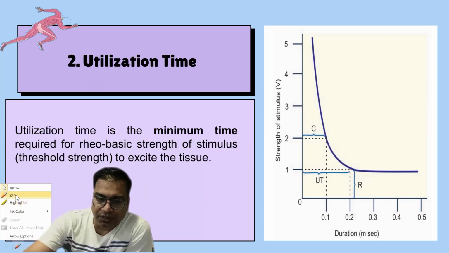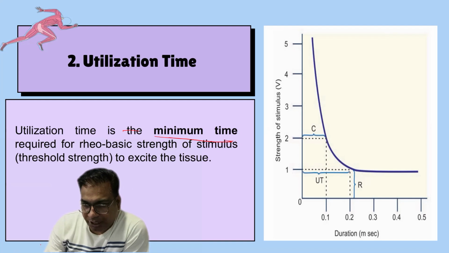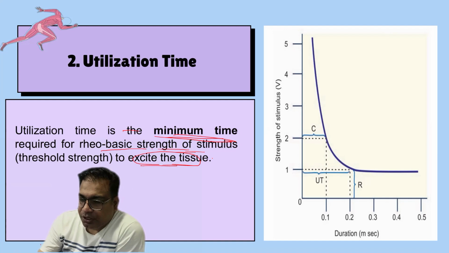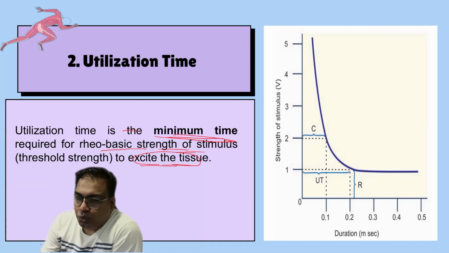Utilization time. It is the minimum time which is required for rheobase to excite the tissue. So rheobase is the minimum strength of stimulus, and utilization time is the minimum time for which rheobase should be applied to excite the tissue.